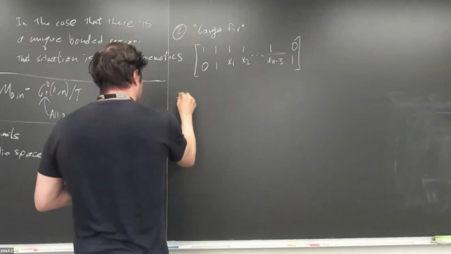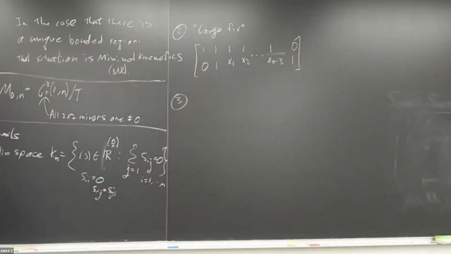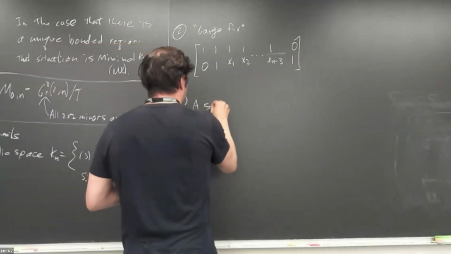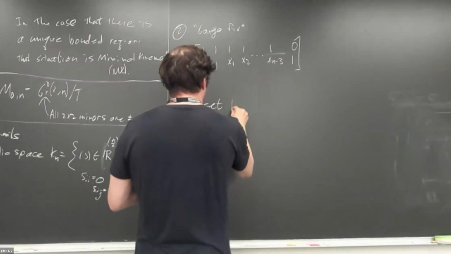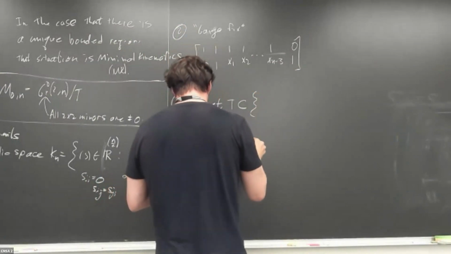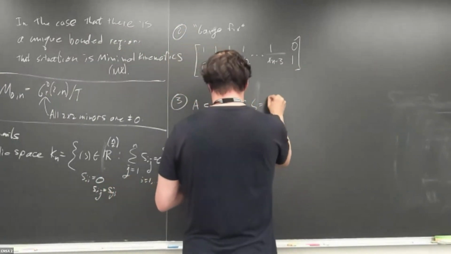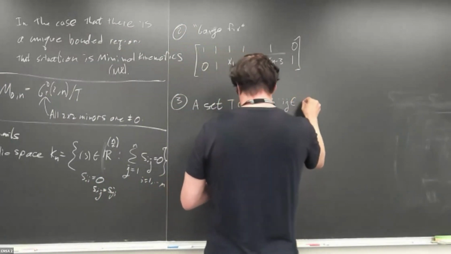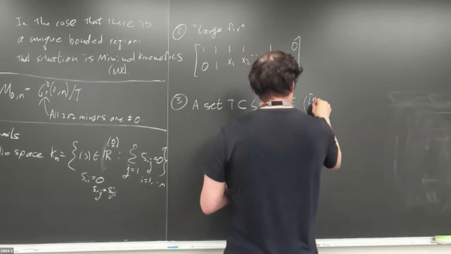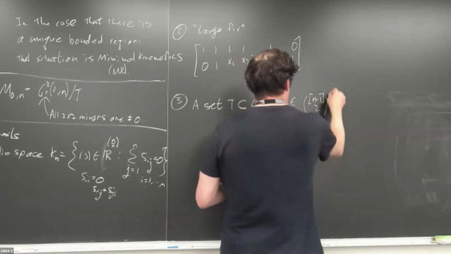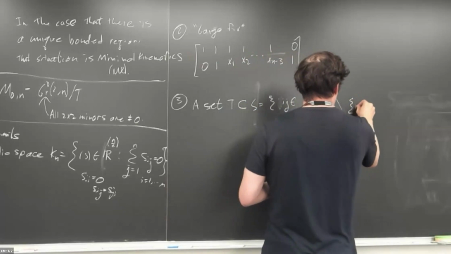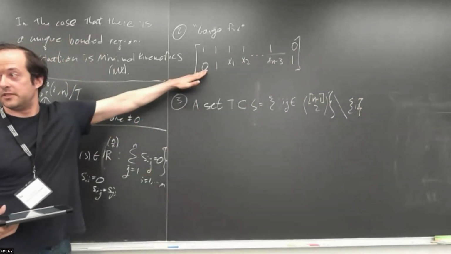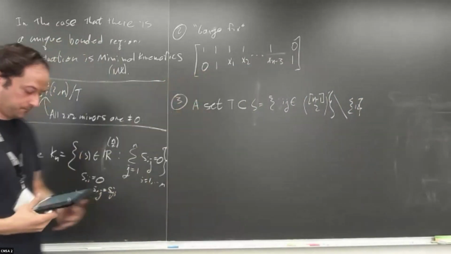Given this particular gauge fixing, a set T in the set of all pairs ij, minus the first two, minus the constant 2 by 2 determinant.